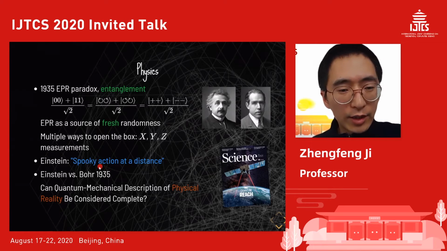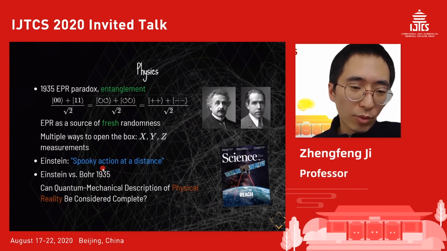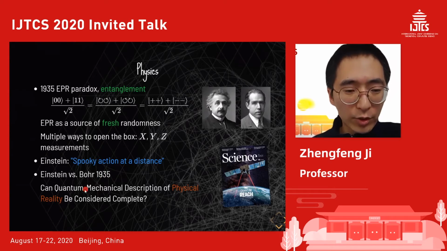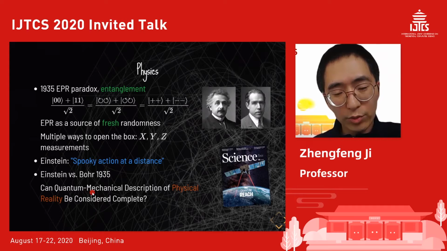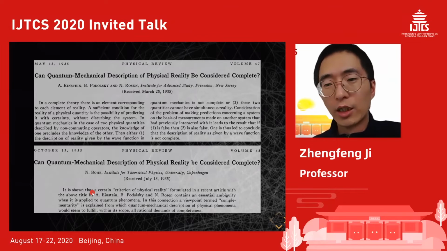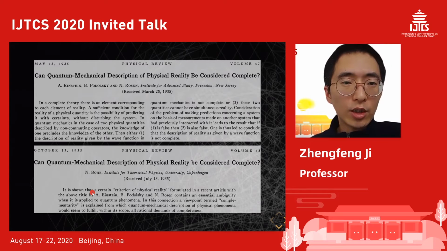But at that time it was a big puzzle to them, and Einstein and Bohr in 1935 asked the question of whether quantum mechanical descriptions of physical reality can be considered complete, and published two papers with the same title in Physical Review, and debated their understandings of physics and quantum mechanics.